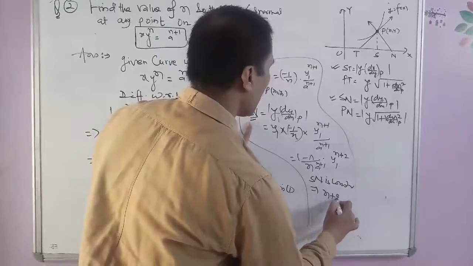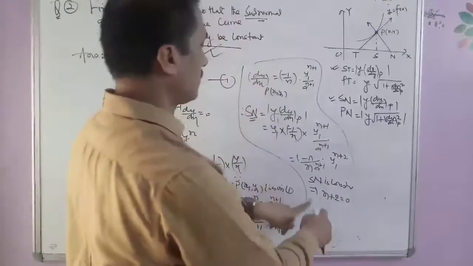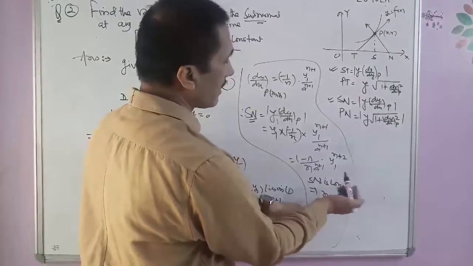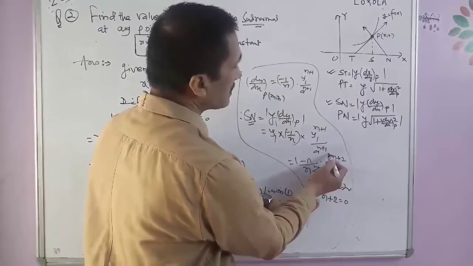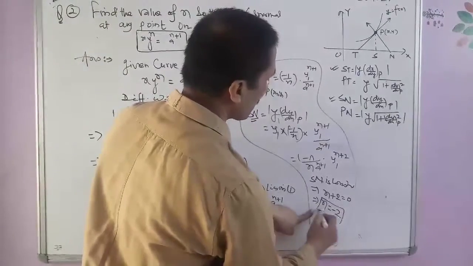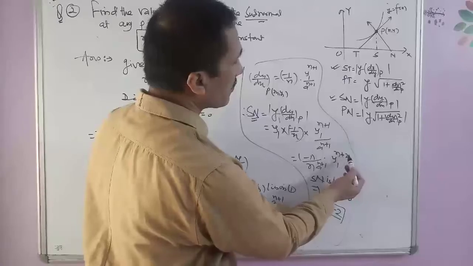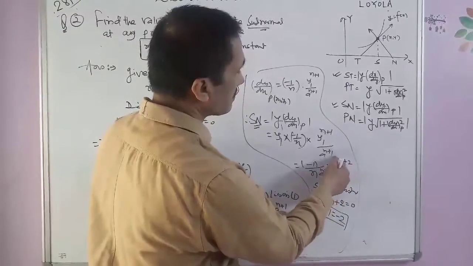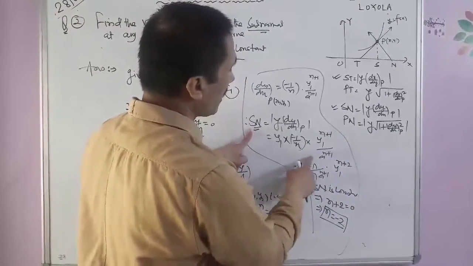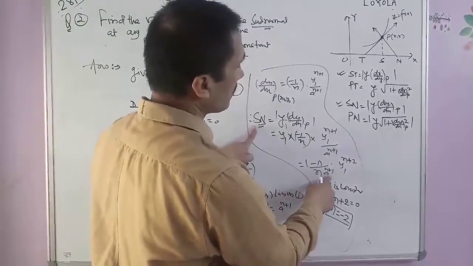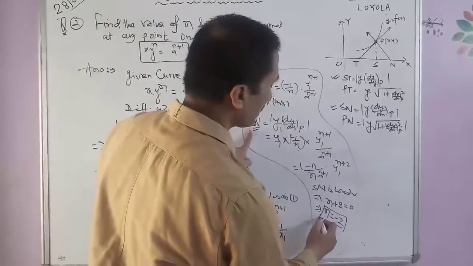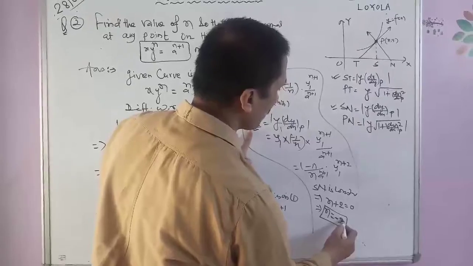This implies n + 2 = 0, that is n = -2. When n + 2 = 0, the power of y1 becomes 1 and Sn equals minus 1/(n a^(n+1)). This is constant. So the result is n = -2.